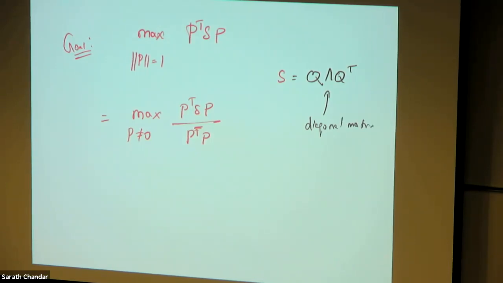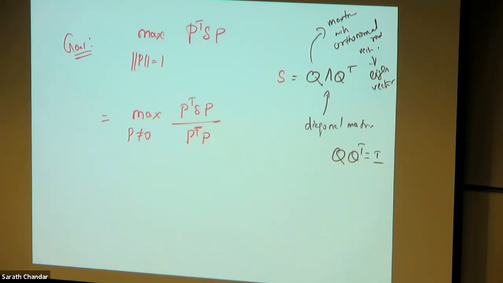This diagonal matrix has all the eigenvalues of the matrix on the diagonal, and the Q matrix is the matrix of eigenvectors, with orthonormal row vectors, which are basically the eigenvectors. Since they are orthonormal, Q transpose Q is the identity.